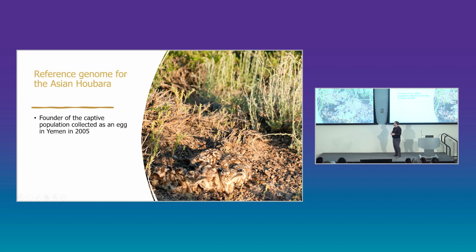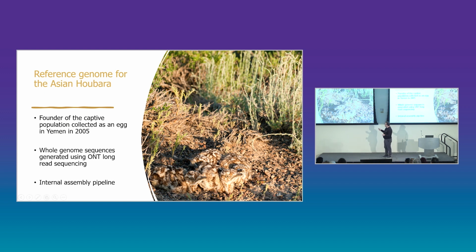That's a bird that was collected in the wild as an egg in 2005 in Yemen. And to do the genome, we generated long-read sequencing using ONT sequencing capacities, and we did the assembly and annotation using our own pipeline.